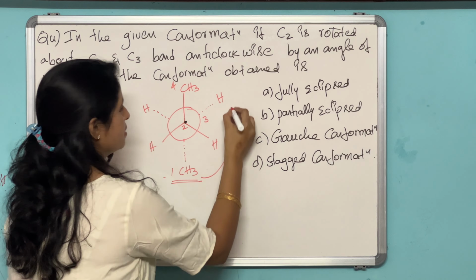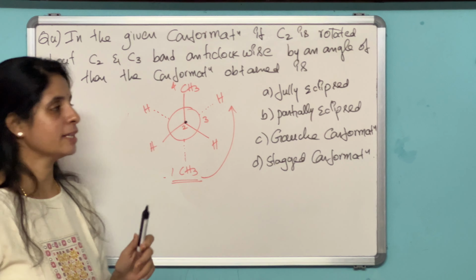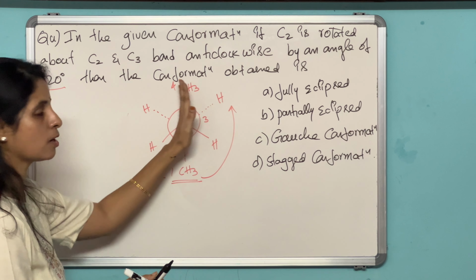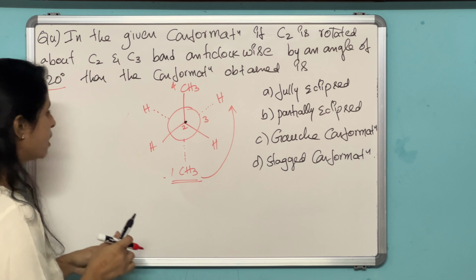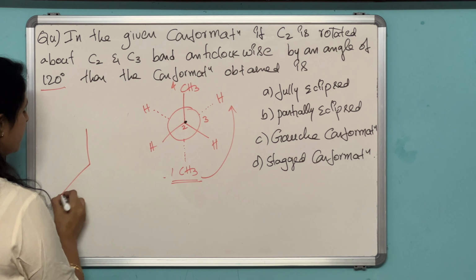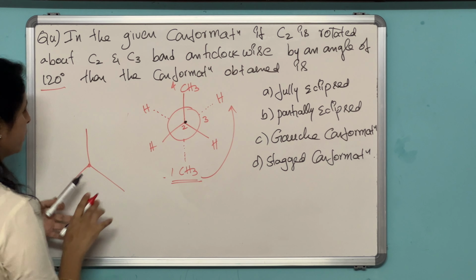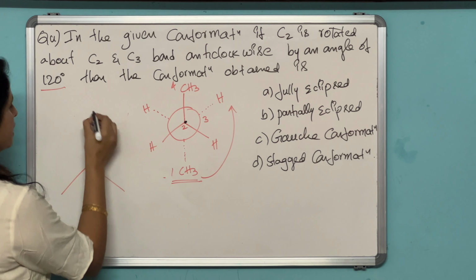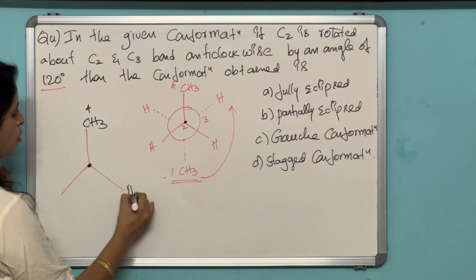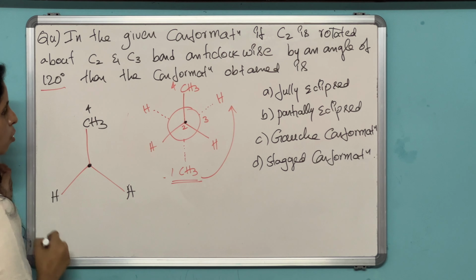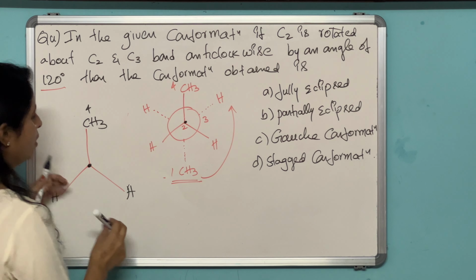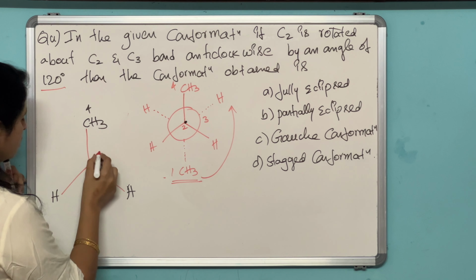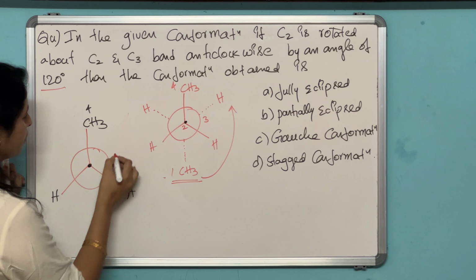Anti-clockwise means this side. So keeping the front carbon constant, you rotate the back carbon. Here is your front carbon, CH3, and you are rotating the back carbon.